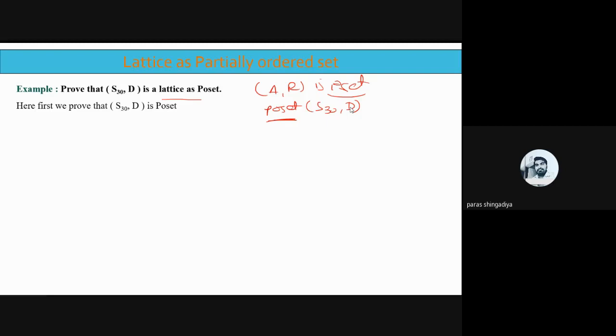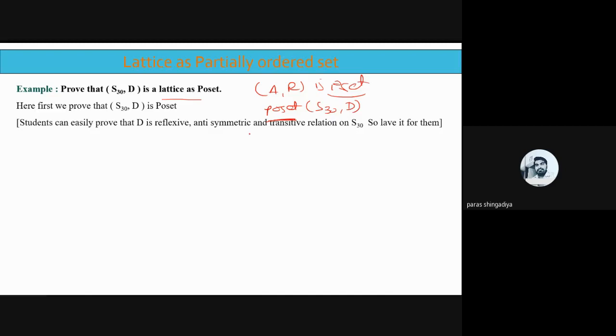We can easily verify it is reflexive, antisymmetric, and transitive. Clear? So here you just try it and write it down. Prove it is reflexive, and it is easy to verify that. Lots of examples you completed for this type: reflexive, antisymmetric, and transitive on relation S30.